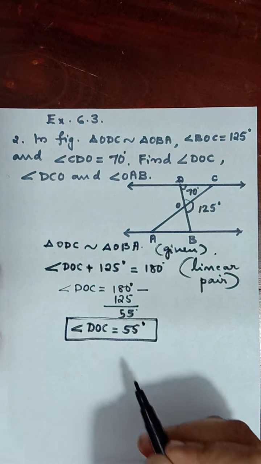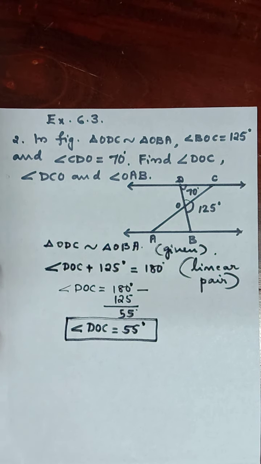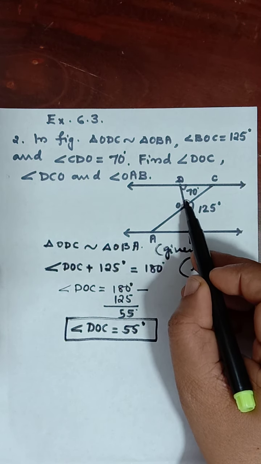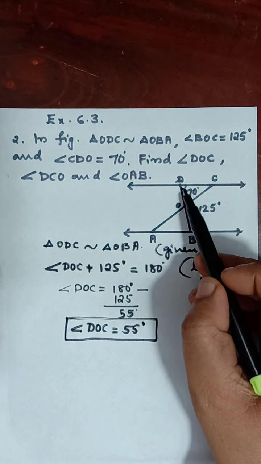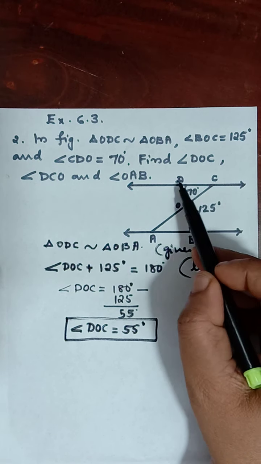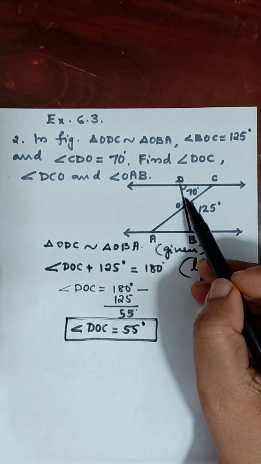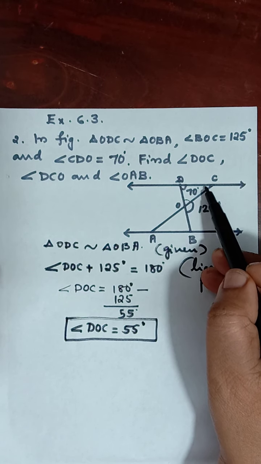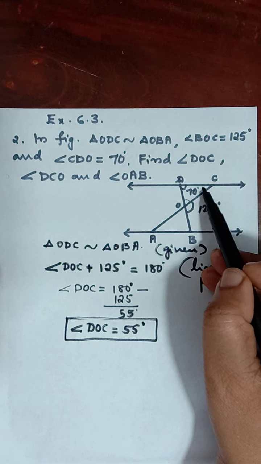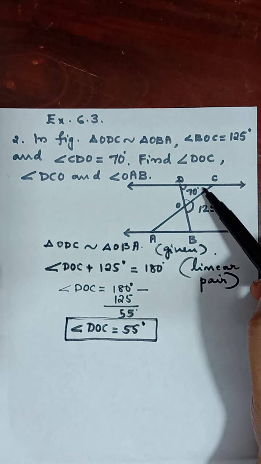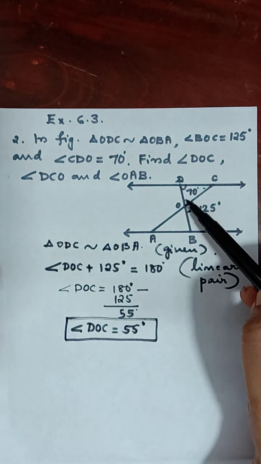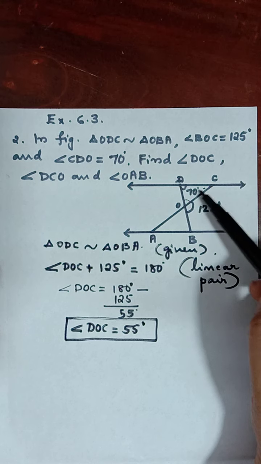It is better if you show it like this. So here DOC is equal to 55. In the triangle CDO, or DCO, 70 we have, now 55 we have. Then it is easy to get DCO. DCO will be the third angle which is unknown. Take the sum of all three angles, that is the angle sum property of the triangle.